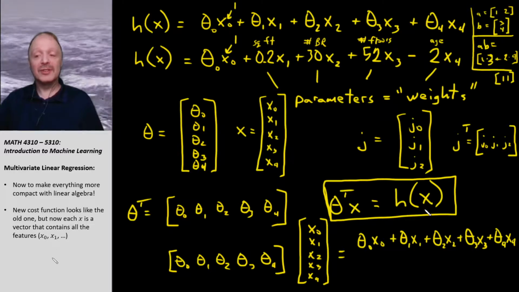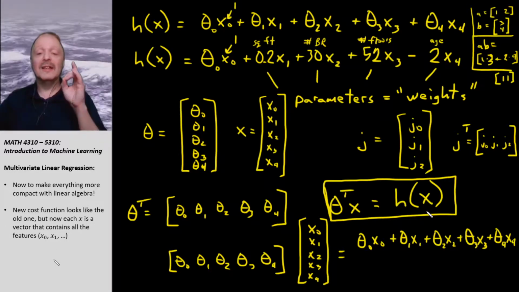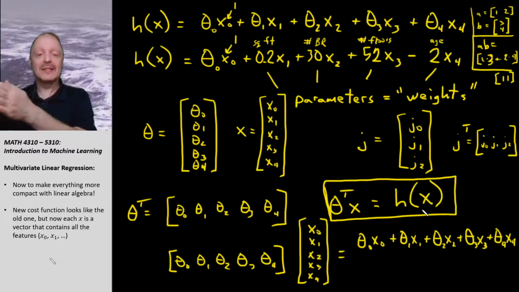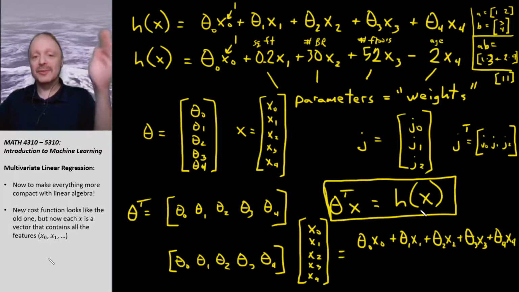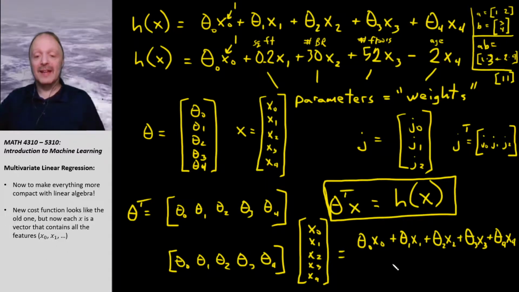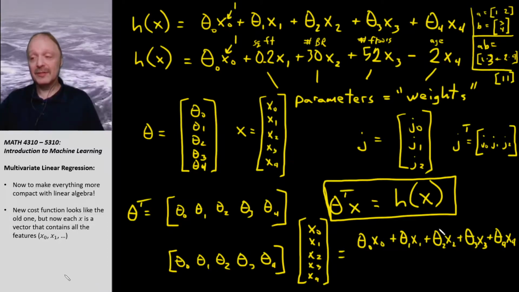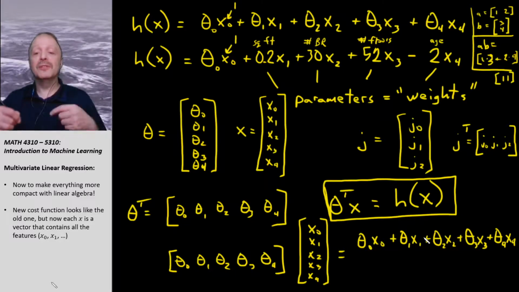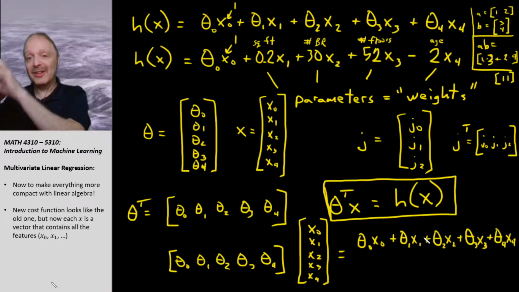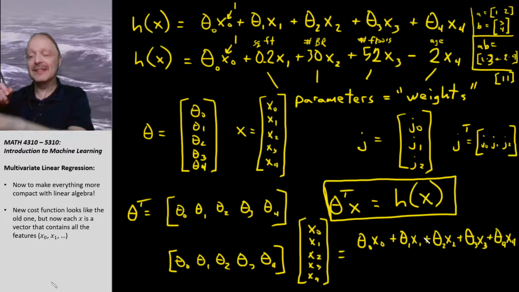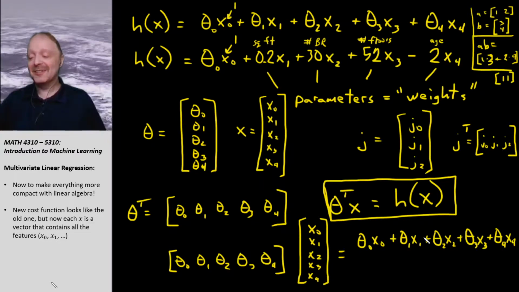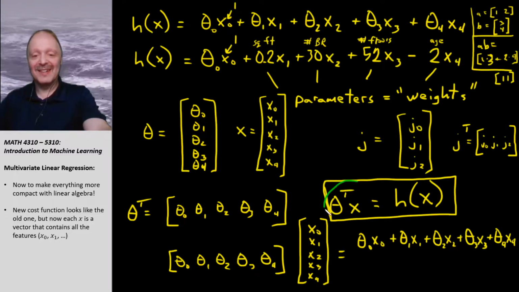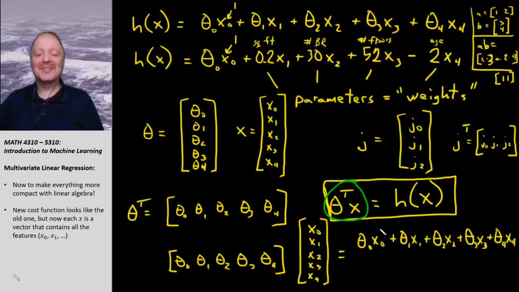Alrighty, so that is the way that you can simplify these things by using some linear algebra. Our new hypothesis function, and it's going to be that way for a while, is just theta transpose x. Done. That's theta 0 x0 plus theta 1 x1 plus theta 2 x2, etc., etc. And since our hypothesis function is nested inside of our cost function, our new cost function contains every single one of the features in this beautiful compact expression right here, theta transpose x.